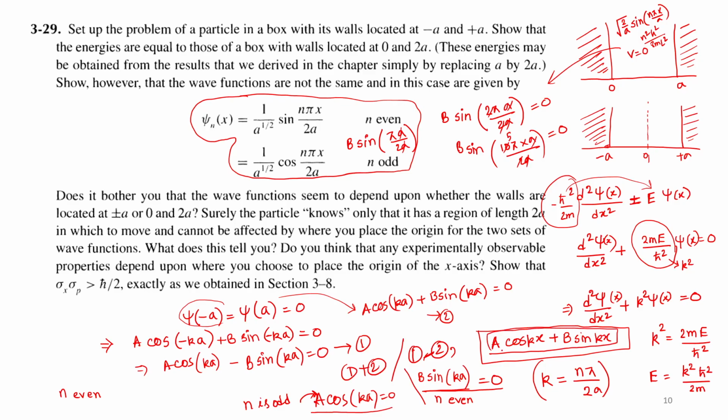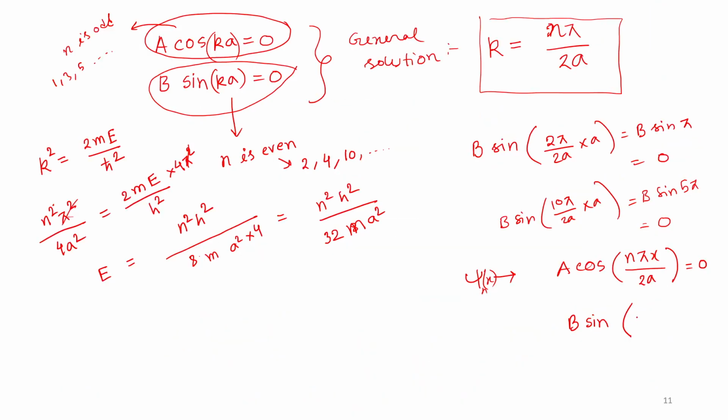So we are putting the value of k there. The b sine term is 0 when n is odd, and this is true for n even, okay?